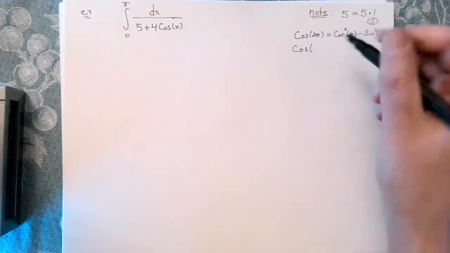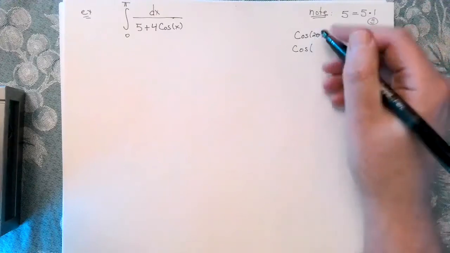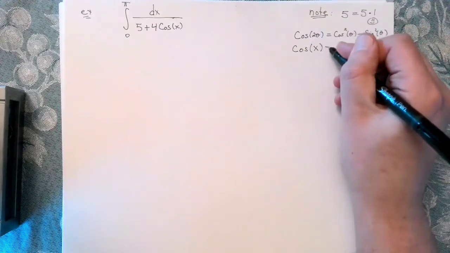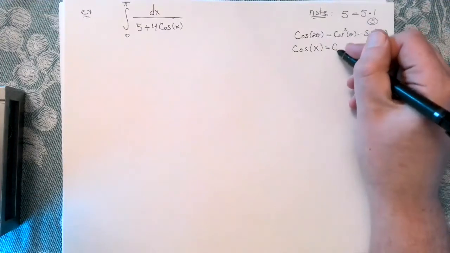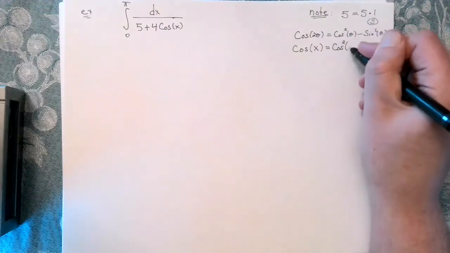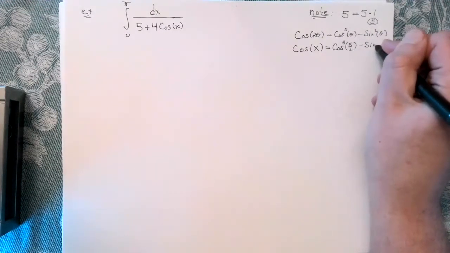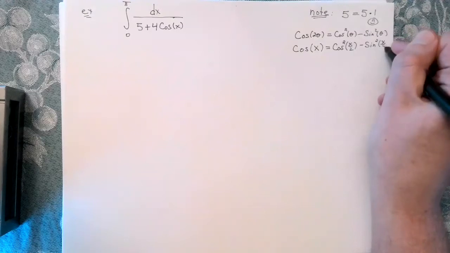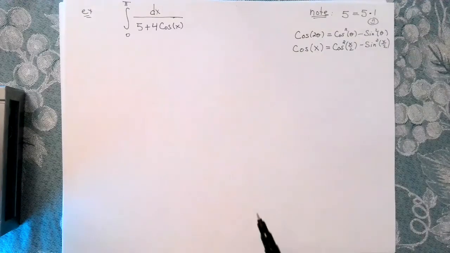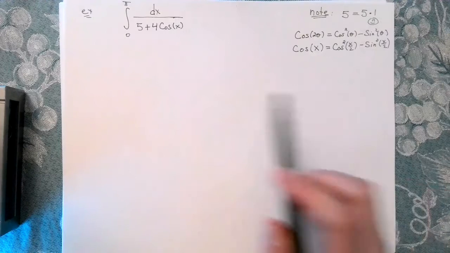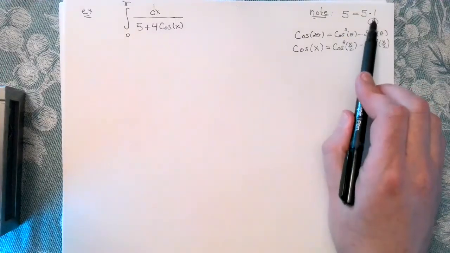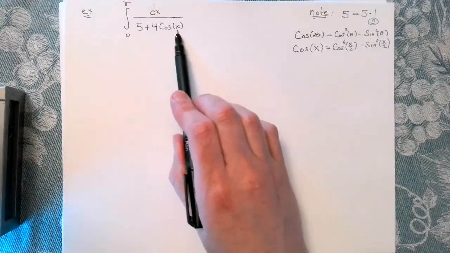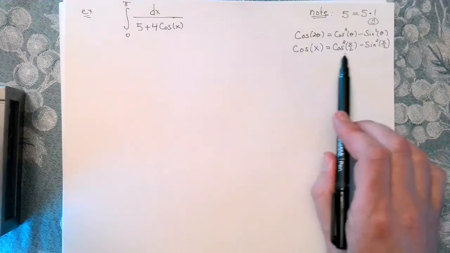If I plug in x over 2 here, that'll just give me x. And if I plug in x over 2 here and here, that gives me cosine squared of x over 2 minus the sine squared of x over 2. And the two places that we're going to be clever are here, using this, and then right here, using this.